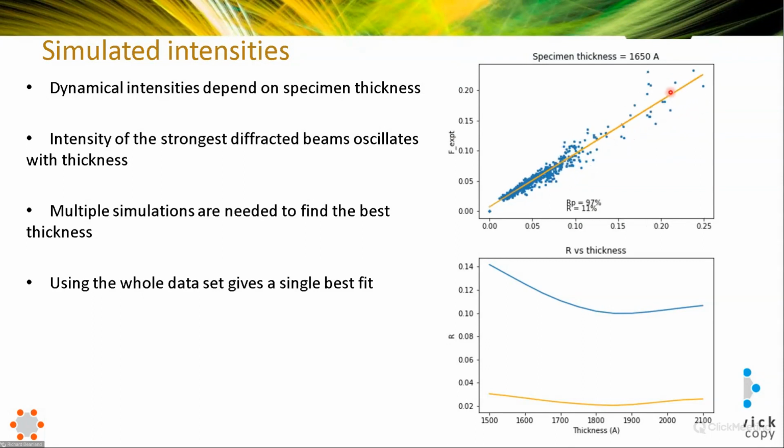So it makes quite a big difference. And in some ways, this is similar to how LACBED patterns worked, in that individual reflections might be very difficult to interpret. But once you take the whole lot together, then it gives you something that is actually straightforward and simple and gives you a unique minimum. So you do actually get one unique minimum of thickness.